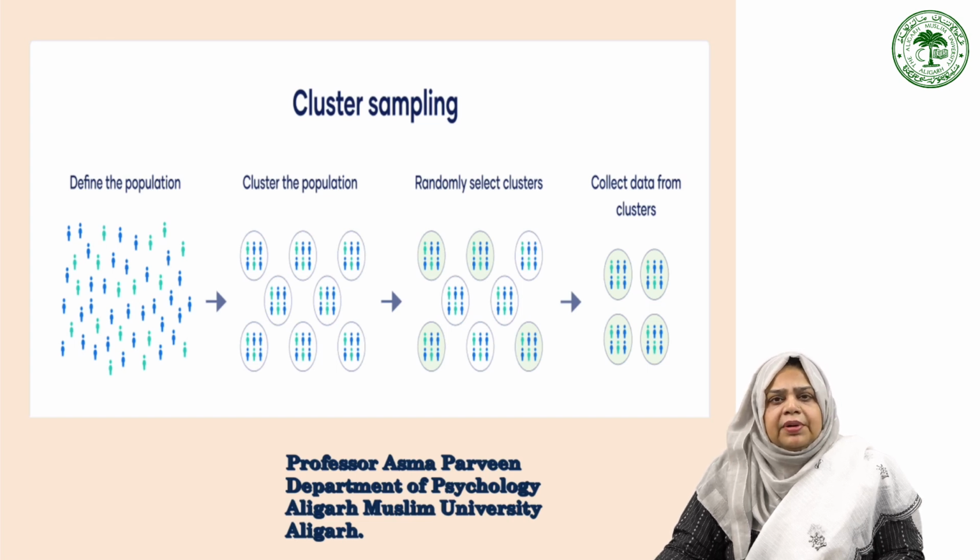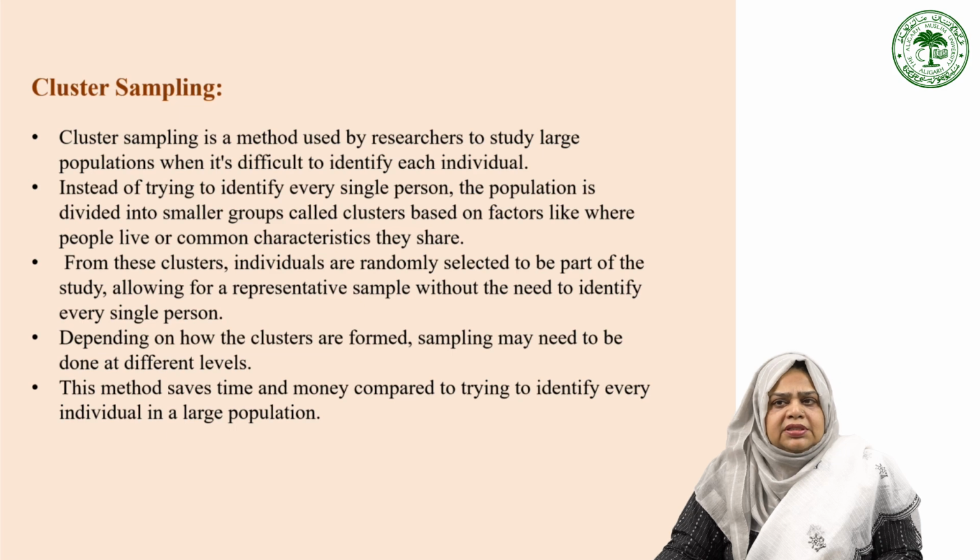Today I will be talking about the next method of random sampling techniques, that is cluster sampling. This method is used by researchers to study large populations, such as cities or countries, when it is difficult or costly to identify each individual.